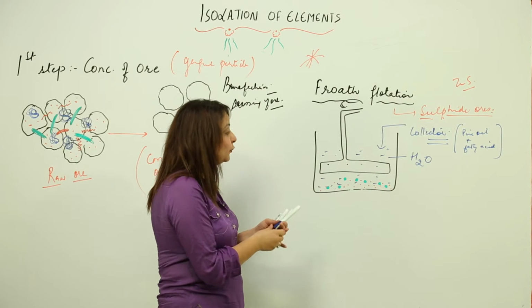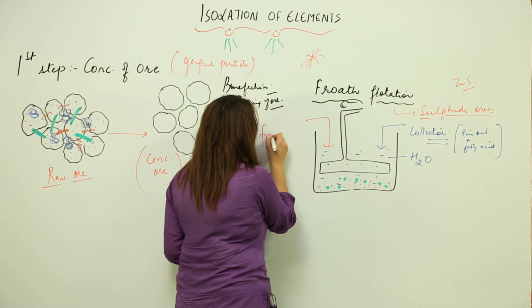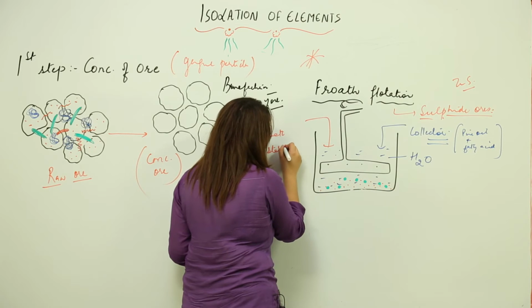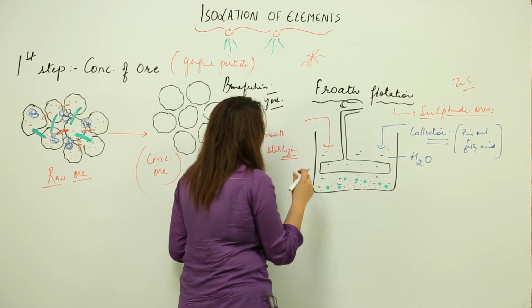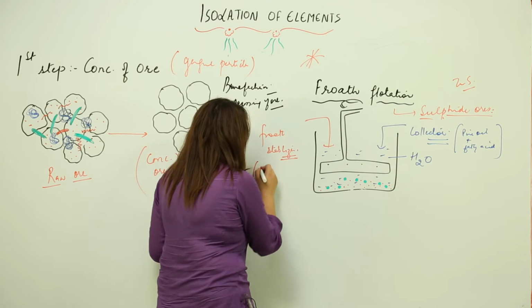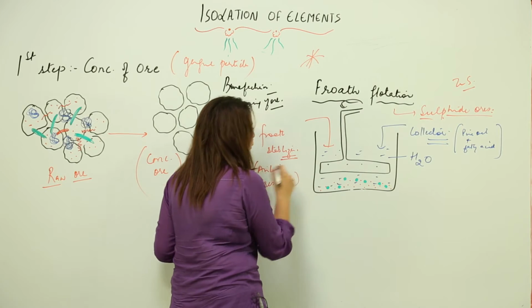And along with that, we add one more substance, that is the froth stabilizer, which is just going to make the froth stable. That means so that more froth is formed, like aniline, like cresol, etc. So they are just added.